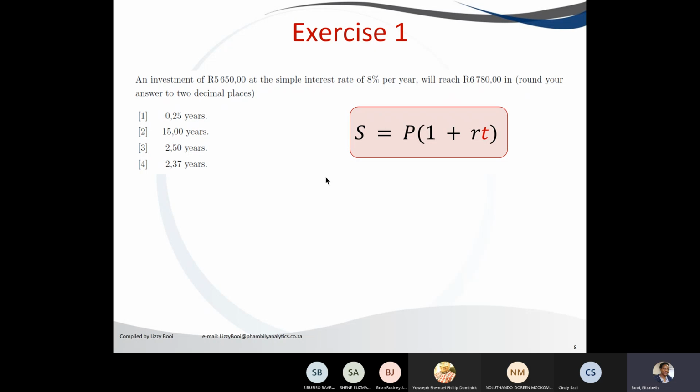You need to find what number of years it will be. And to calculate that, we need to use the simple interest formula, especially for the future value, which is S equals P times (1 plus RT), and we want to make T the subject of the formula.